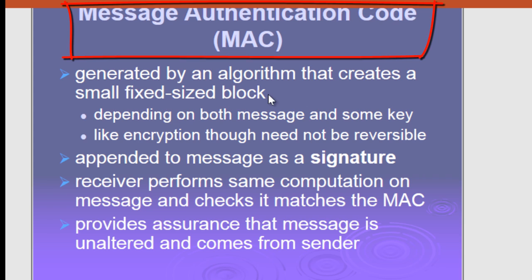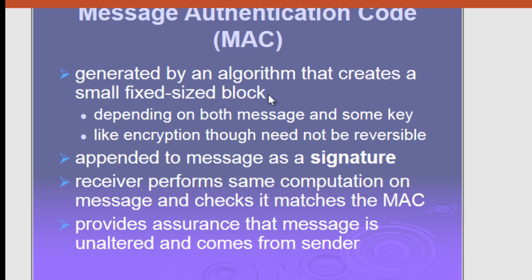It is a fixed size block. By calculating a checksum on the original plain text, you will get this block. You have to use a key for calculating the checksum. Just like a symmetric key, you use a secret key. The same way, you have to use one key for calculating the checksum.